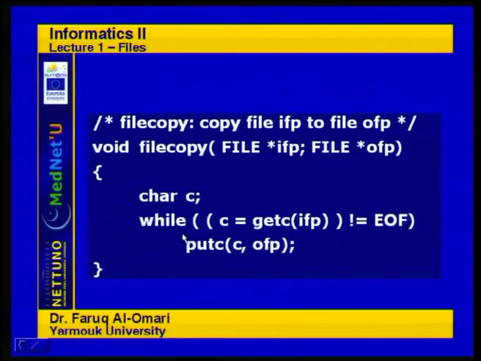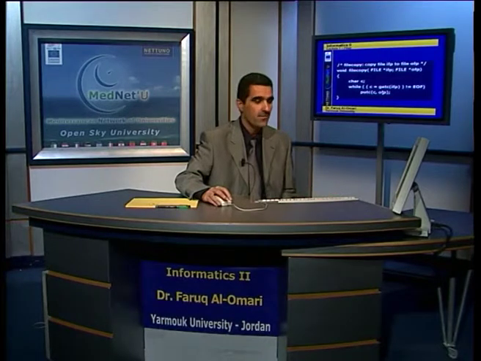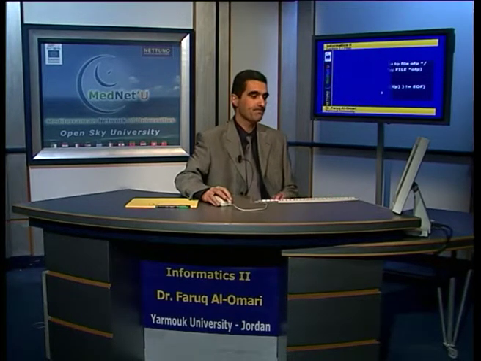So I say, while I'm reading from this file, putting it in character c, and this does not come to an end, then please put this character c to the output file. So this statement reads from the input file, and this statement puts this character to the output file. And that's pretty much the function. Pretty simple, pretty easy, and straightforward.